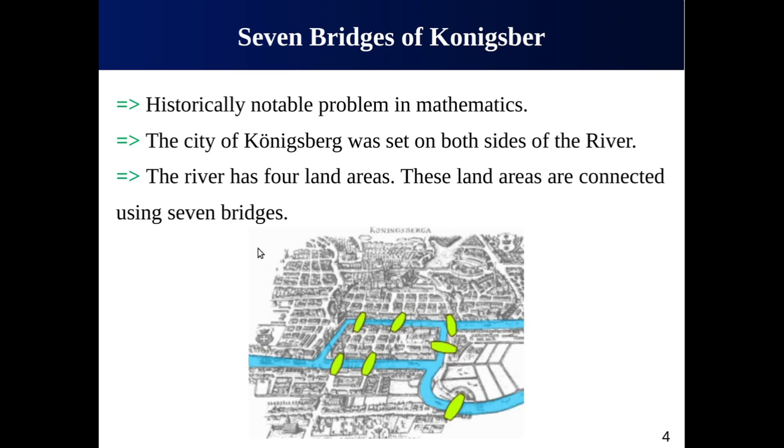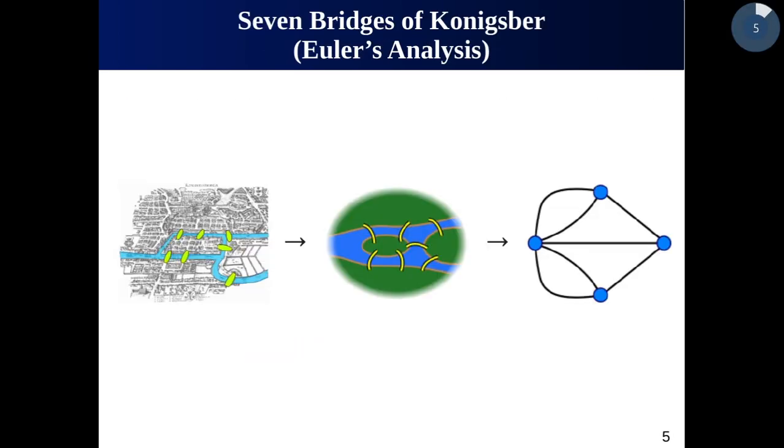So the problem was unsolvable, but it leads to another very interesting theory, and that is known as the graph theory. Euler is, you can say, like the father of graph theory. He was actually a mathematician, but he worked a lot on the theory of graphs, and the concept arrived from the 7 bridges of Konigsberg.